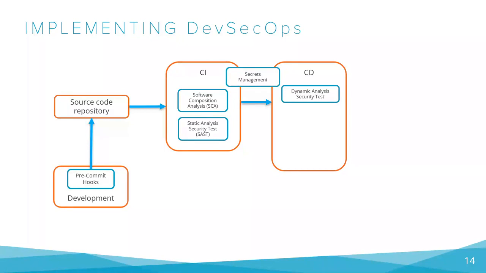DAST should be performed after the application has been deployed to a test environment. The pipeline process should be configured such that results are analyzed and the pipeline is halted if any unacceptable vulnerabilities are found. Many DAST tools are part of security suites that also include SAST.